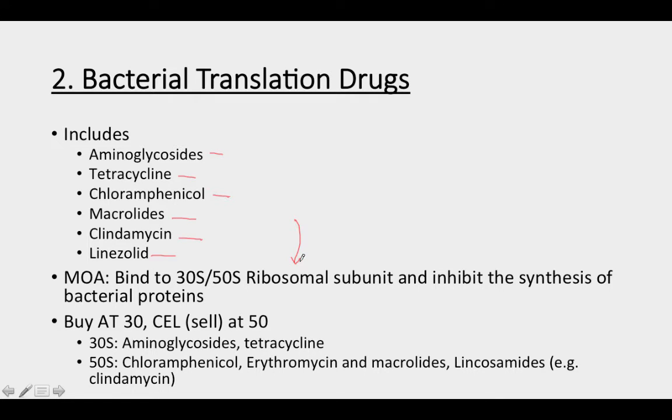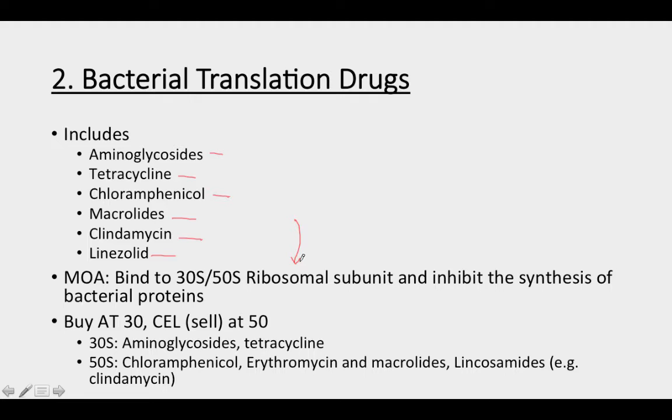But what I just want to say, to solve any confusion that you might have, a lot of the textbooks go into a lot of detail about the mechanism of action of these drugs in terms of what part of the ribosome they attach to, and what part of the protein synthesis process they actually inhibit.